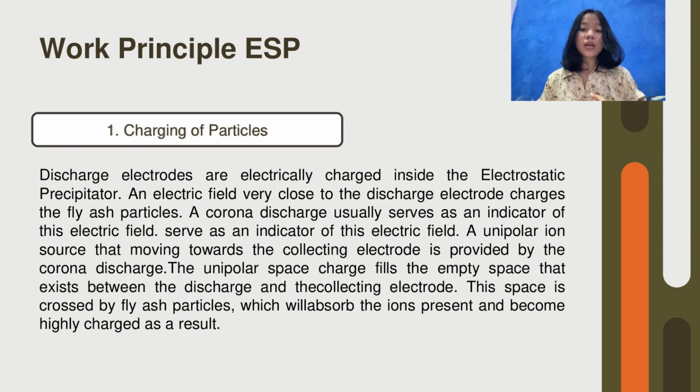A unipolar ion source moving toward the collecting electrode is provided by the corona discharge. The unipolar space charge fills the empty space between the discharge and the collecting electrodes. This space is crossed by fly ash particles, which absorb the ions present and become highly charged as a result.